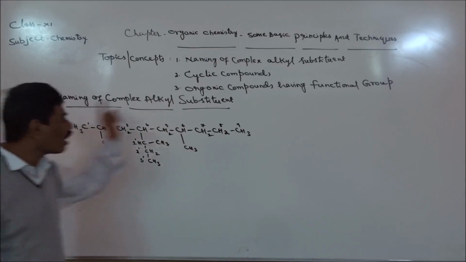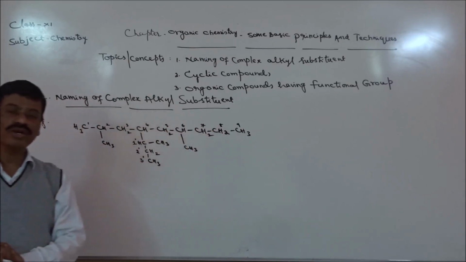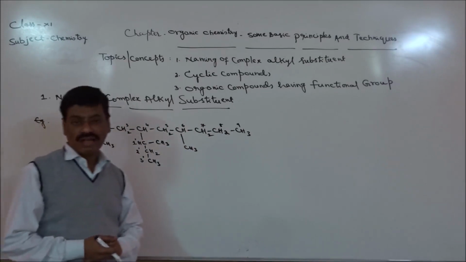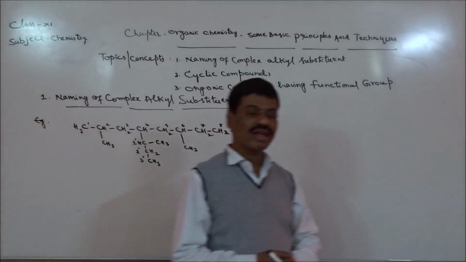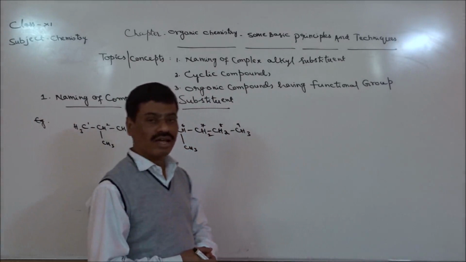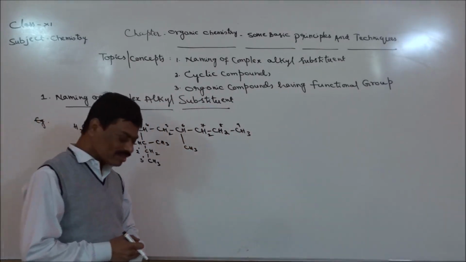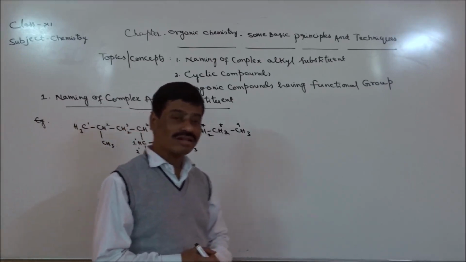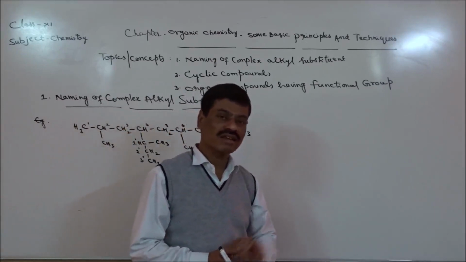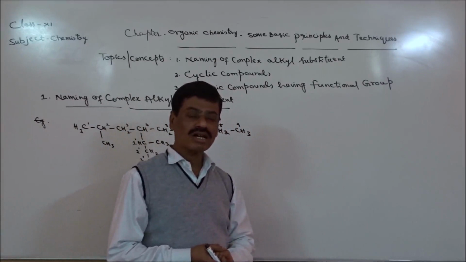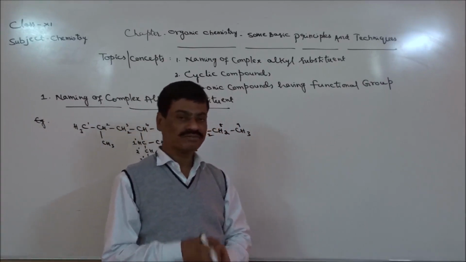And the long chain has 9 carbon atoms. So it is a derivative of the alkane containing 9 carbon atoms in it, known as nonane. Non, N-O-N. We have to read this in chemistry as non, not none. That English word none is different. Non or nona means 9.